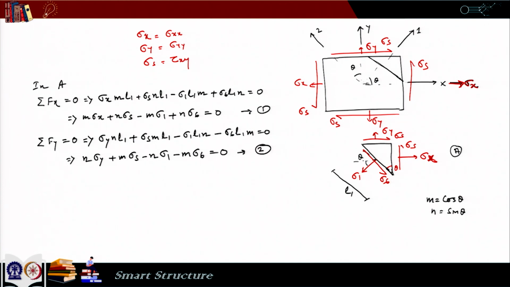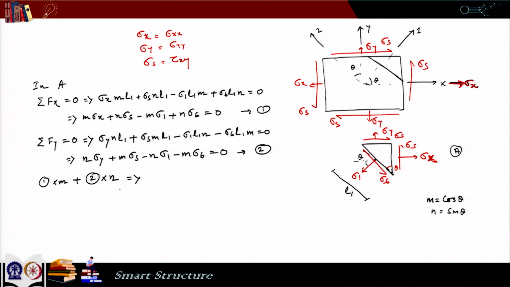Now, we can solve equation 1 and equation 2, and by solving we have to express sigma 1 and sigma 6 in terms of sigma x, sigma y and sigma s. First, to get sigma 1, we multiply equation 1 with m and equation 2 with n and sum them.